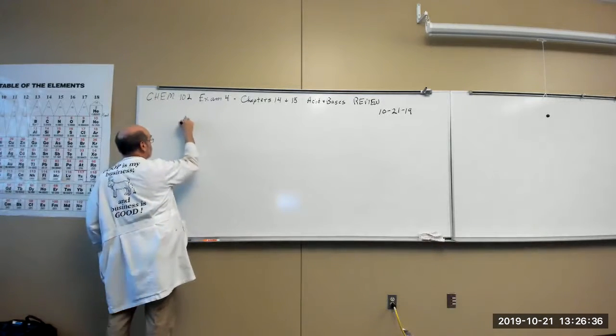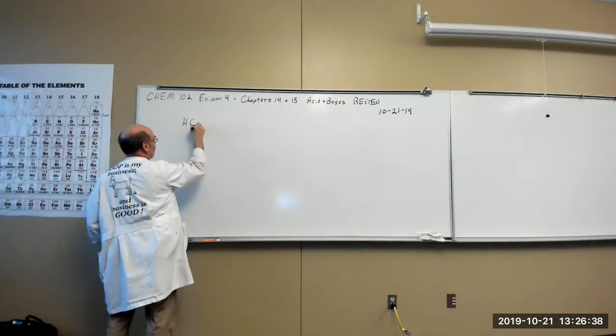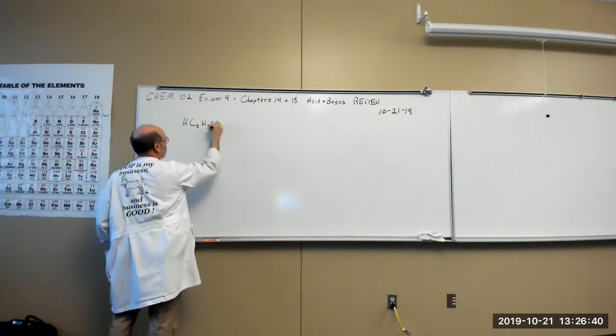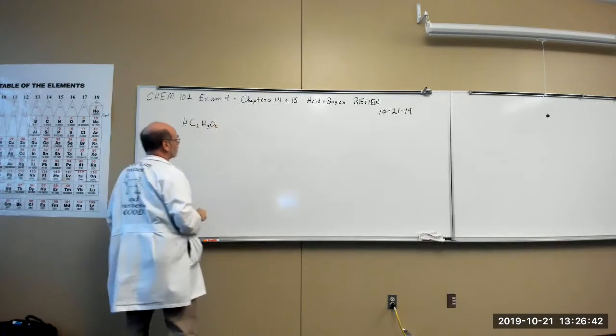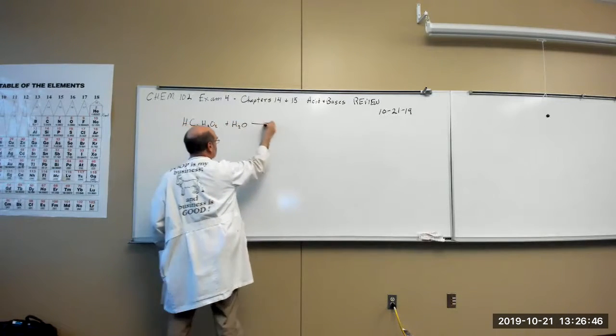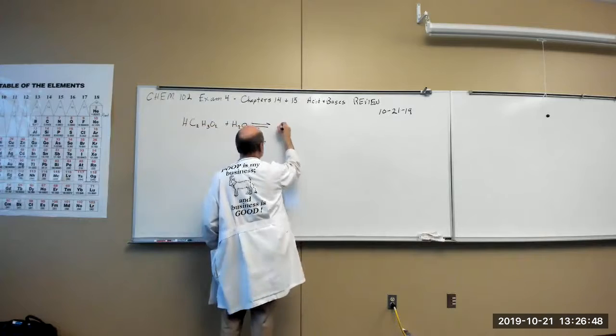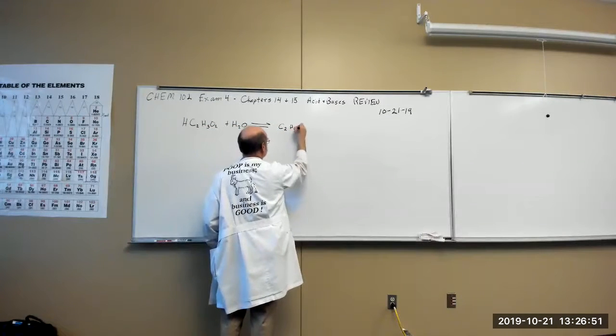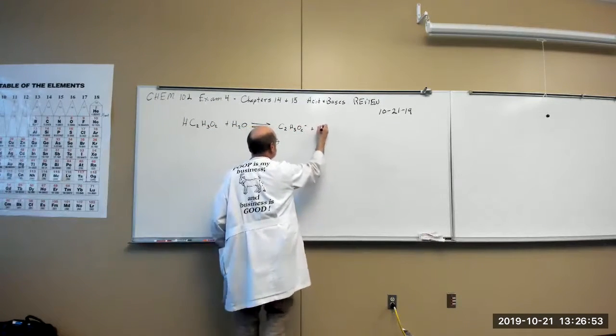Let's take acetic acid. Okay? So acetic acid reacts with water to yield acetate plus the hydronium.